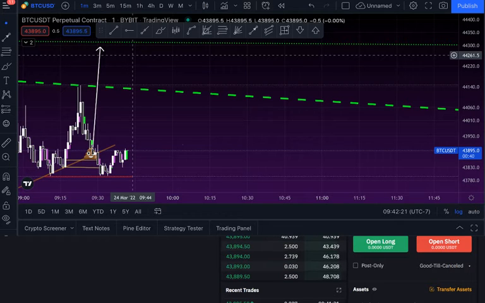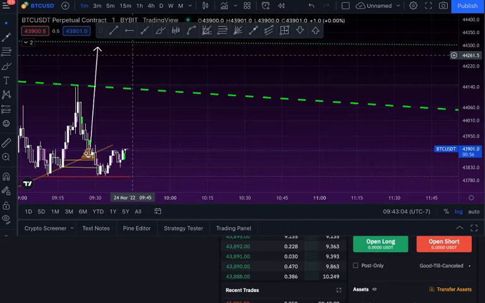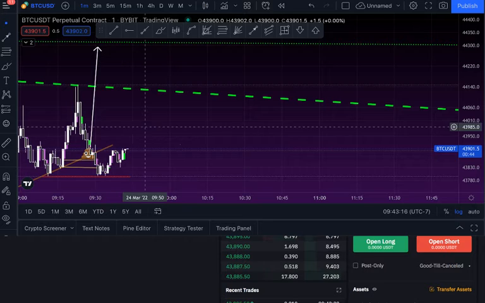The CVD and the footprint chart are showing the volume coming in towards the short side. Down 0.7%, $1.70. Not bad.